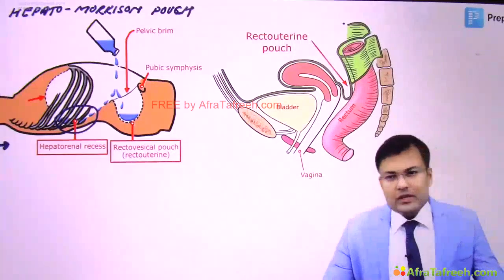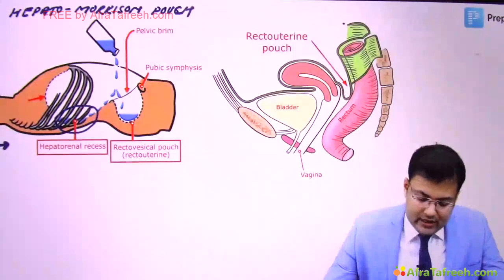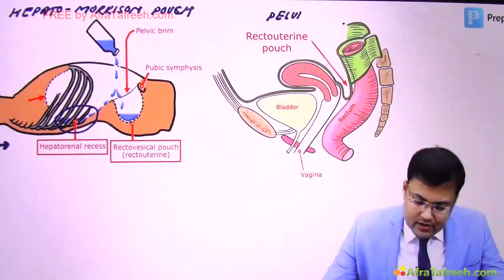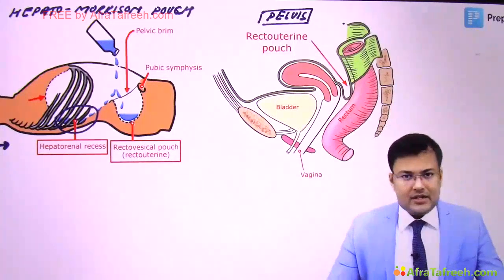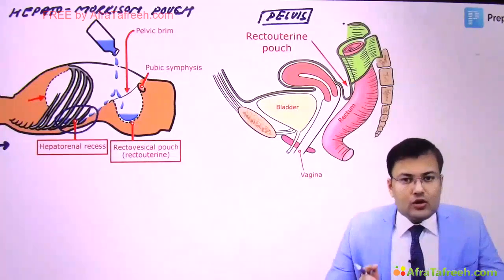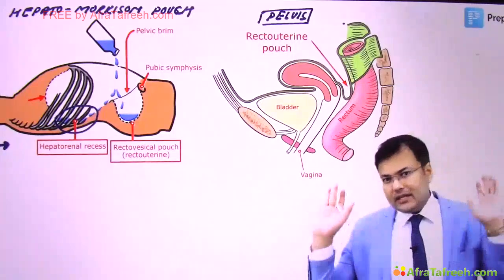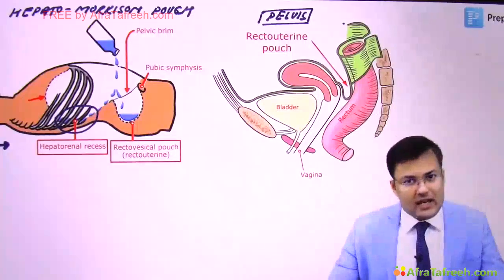Clear? And what is the most dependent cavity when the patient is in upright posture? That is pelvis or pouch of Douglas. Clear? Now see the application. Similarly, the question is asked, what is the most common site of intraperitoneal abscess if the patient is in the recumbent or lying down position?